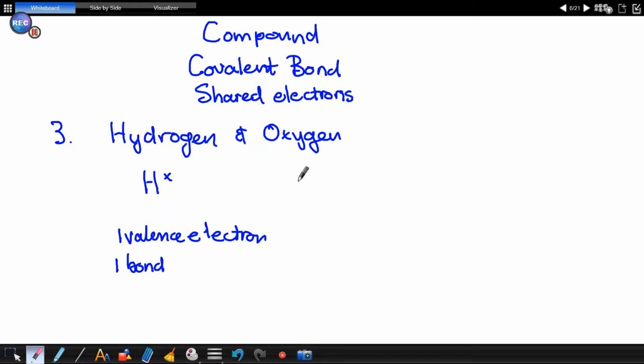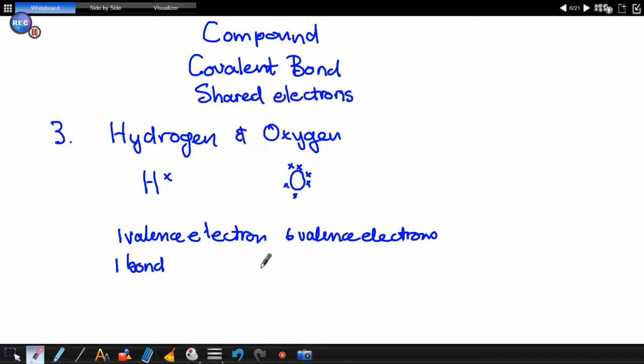Oxygen, on the other hand, is in group what? 16. How many valence electrons does it have? 6 valence electrons. Now, we're going to draw the Lewis structure to help you to see what it looks like. My hint to you is to put 1 electron on each side of the oxygen and just carry on until you have placed all 6 electrons.